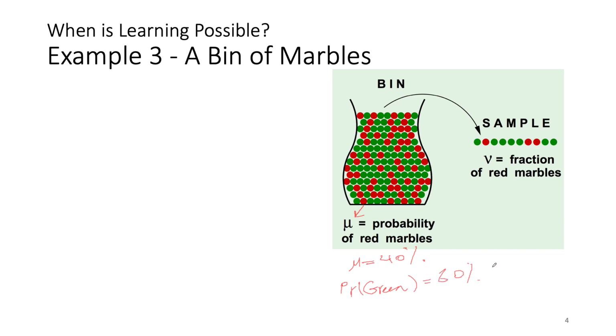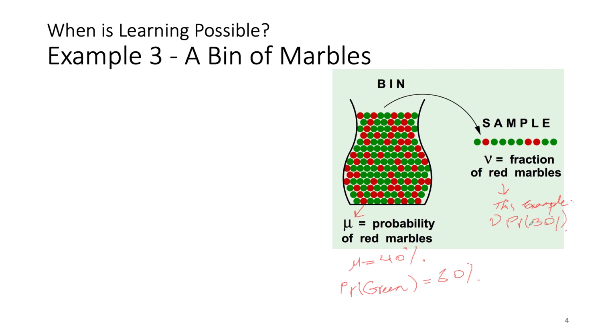Given this example, now if we take 10 samples out of this bin of marbles and we count the red inside that sample of 10, we're going to have another fraction, right? In this example, it became 30%.